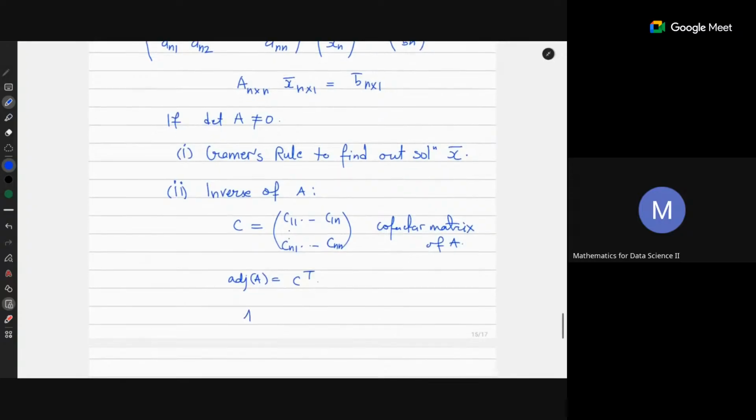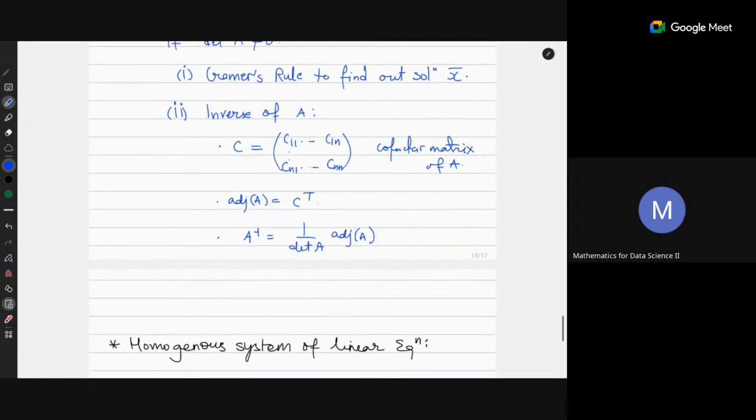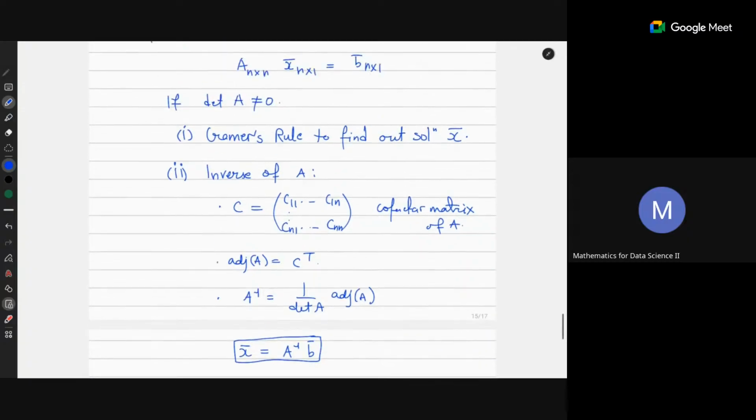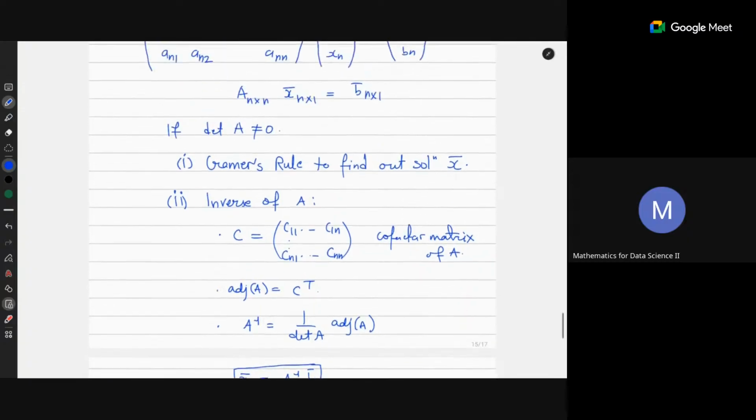And then we define the inverse by dividing the adjugate by the determinant. So these three steps we follow to find the inverse. And once you have the inverse, you can find the solution as A inverse b bar. You just multiply your vector b with A inverse.